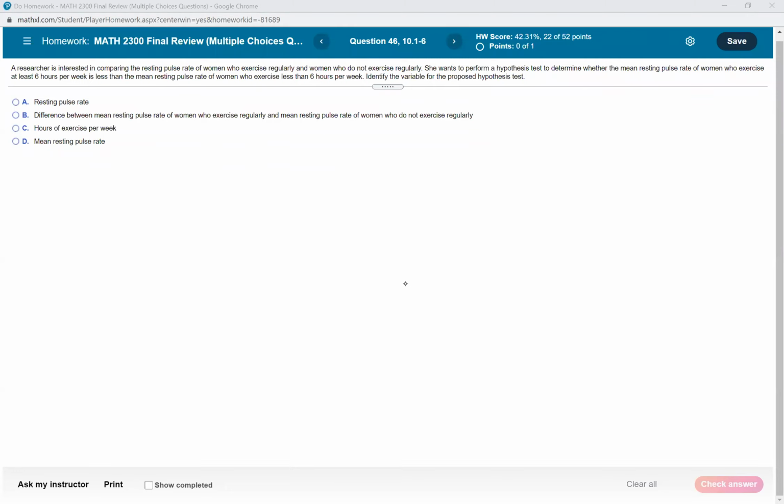Actually, the researcher wants to determine whether the mean resting pulse rate for women who exercise at least 6 hours per week is less than the mean resting pulse rate of women who exercise less than 6 hours per week. So what should be the variable in this case?